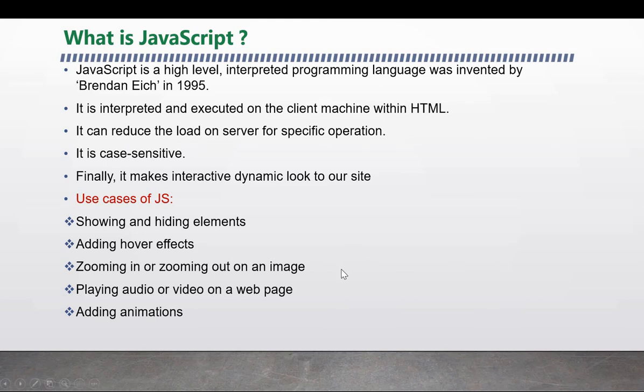Similarly, we are all used to zooming in and zooming out on an image. How does that operation happen in a web application? It is possible through JavaScript. Similarly, playing audio and video on a web page or adding some animation effect, all those things are possible by JavaScript.